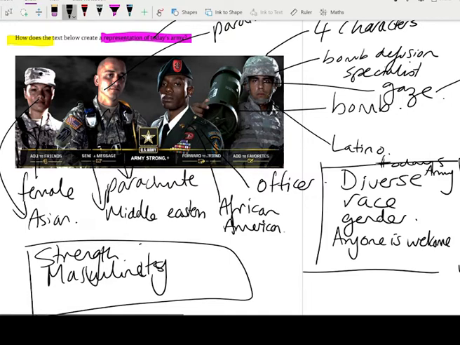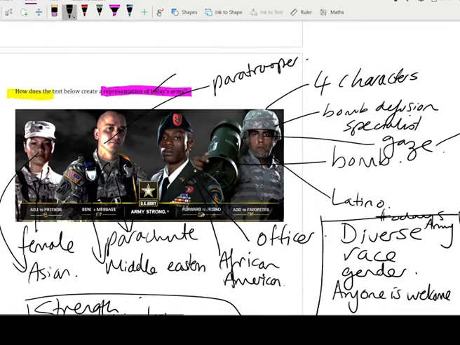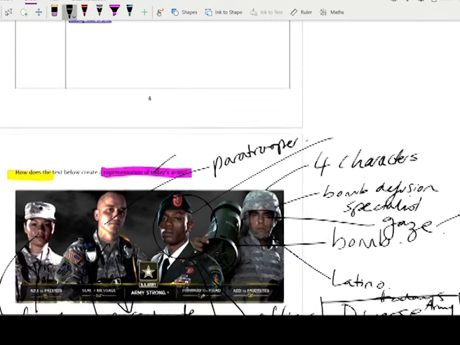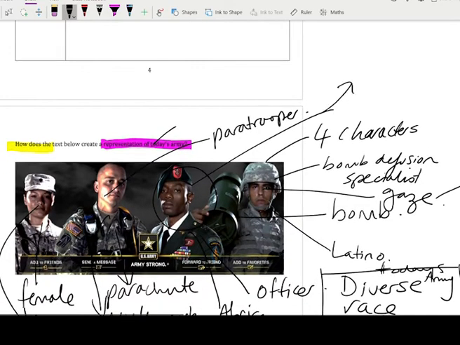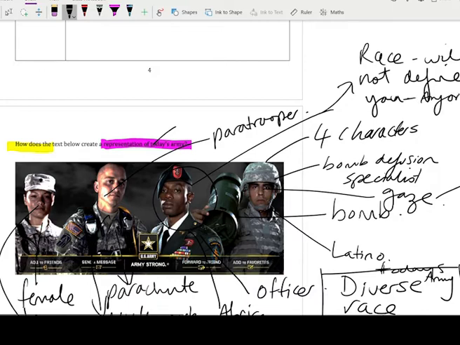You can see here that the African-American man, the choice of him as the commander is obviously very important, because they want to say that race will not define you in our army. And they wanted to show by having an African-American man that, you know, anyone can be the leader.